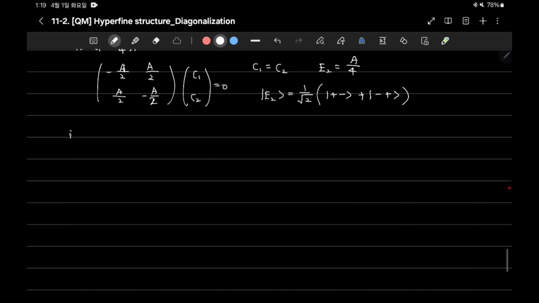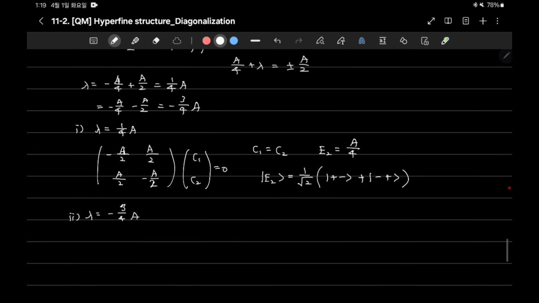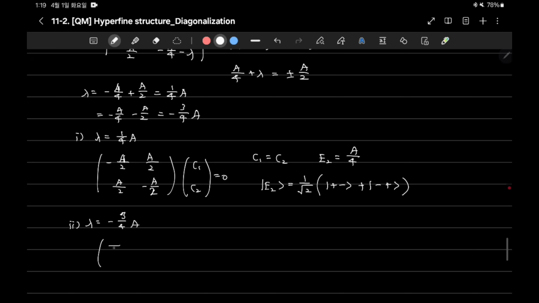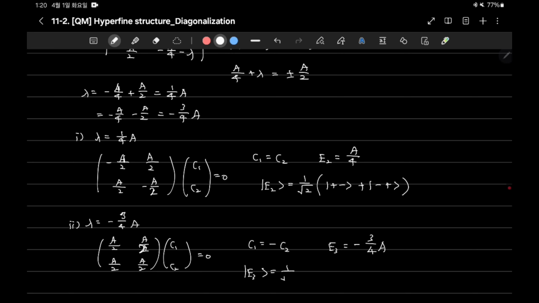And anyway, in the second case the lambda equals 3/4 A. From the matrix, it is a half, C1 C2 equal to 0. Then C1 equals minus C2. So in this case, the energy state is minus 3/4 A. So the E3 state can be written down as 1 over square root 2 of plus minus and minus plus.